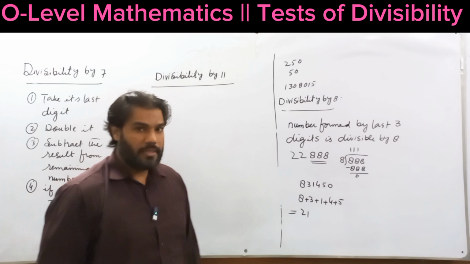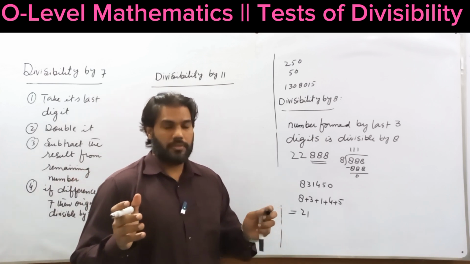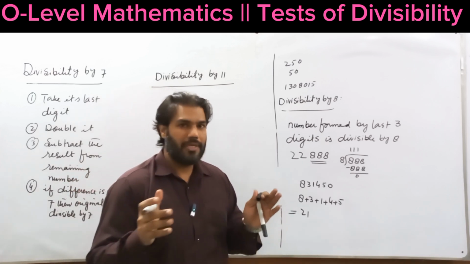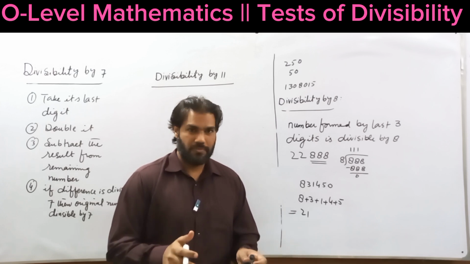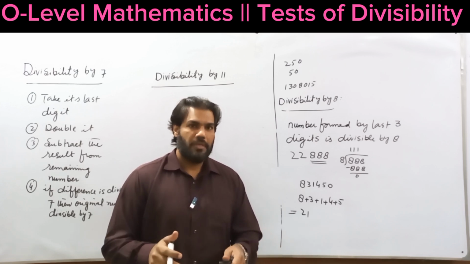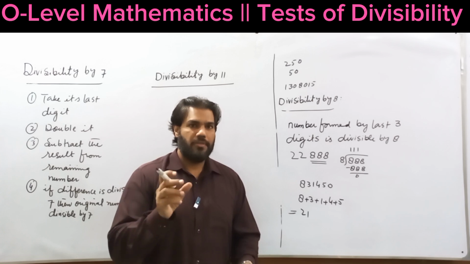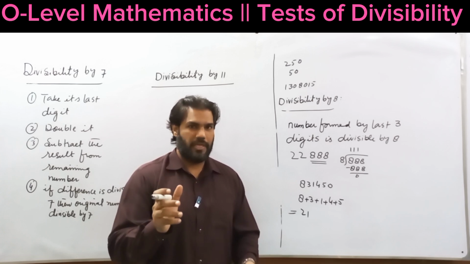Here we will sum the digits of even places and odd places. Then we will find the difference of both sums. If this difference is divisible by 11, then the original number is divisible by 11.